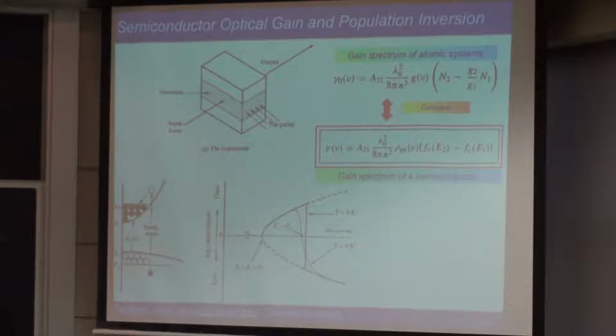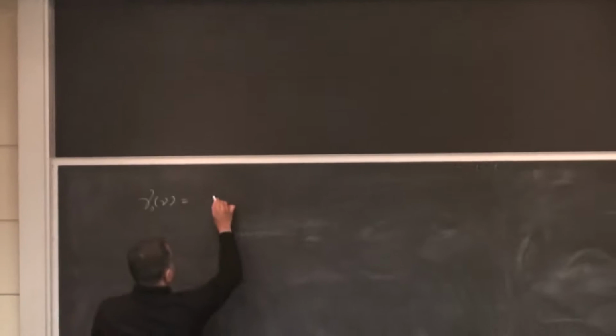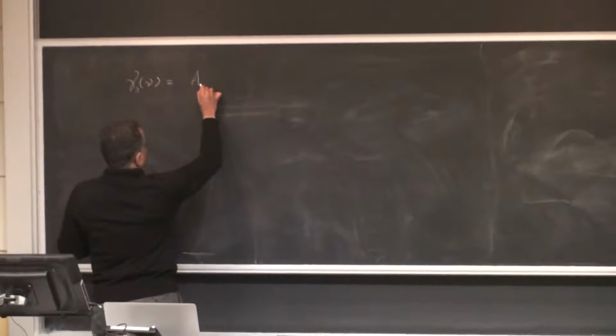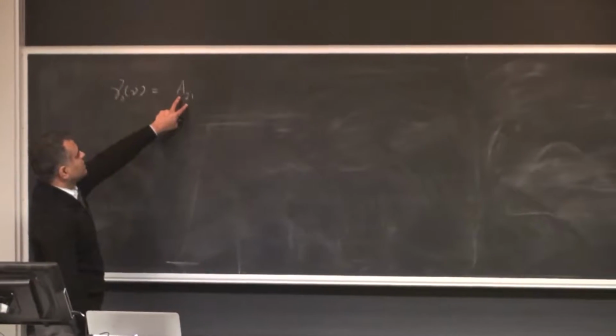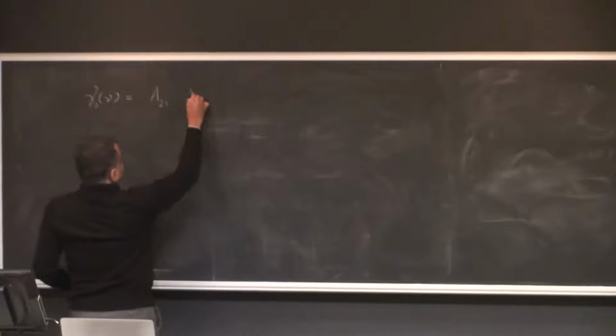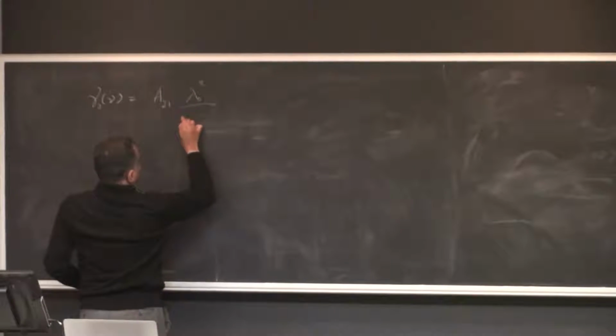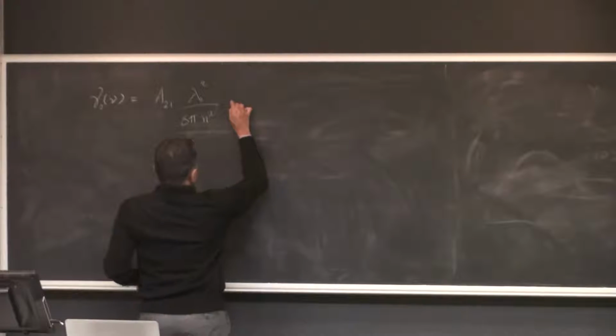For atomic lasers, we have found that the small signal gain spectrum is your Einstein A coefficient, or the spontaneous emission rate, or 1 over the lifetime, times the wavelength of emission squared over 8 pi times refractive index squared, times.